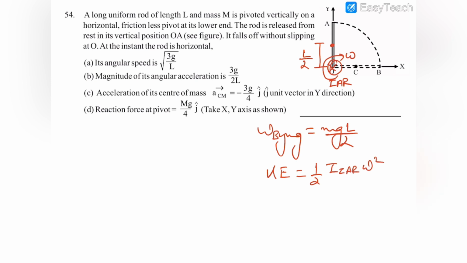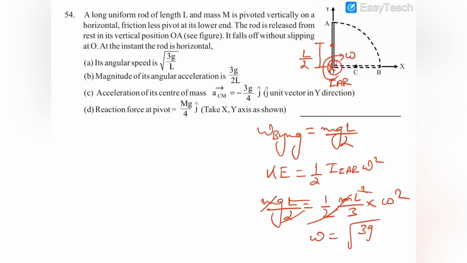So we can equate these two, and we can write that mgL by 2 will be equal to half I about the IAR, which is mL square by 3, times omega square. So you can say that omega will be under root 3g by L. So option number A is correct.